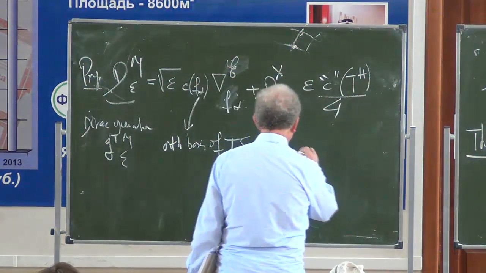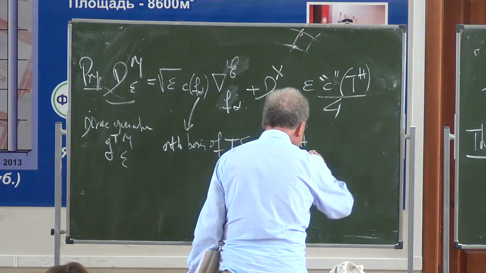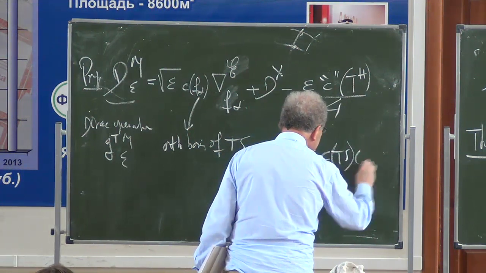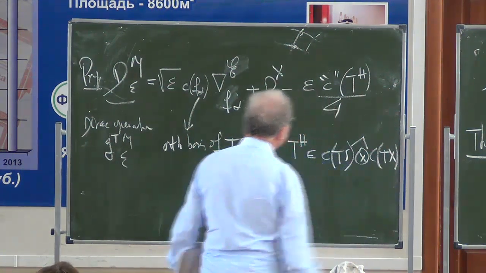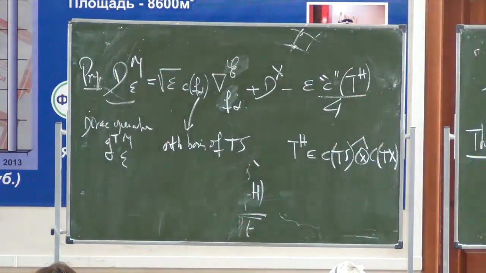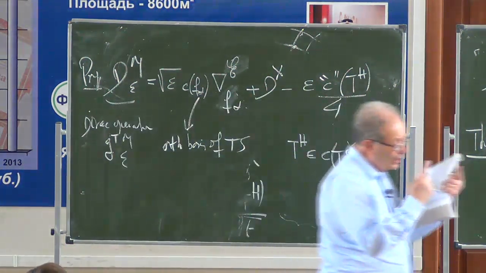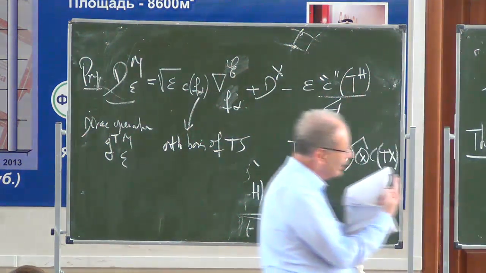where now T^H lies in the Clifford algebra of TS times the Clifford algebra of TX. So in other words, a priori, this T^H is a two-form on the base with values in vector fields in the fiber.